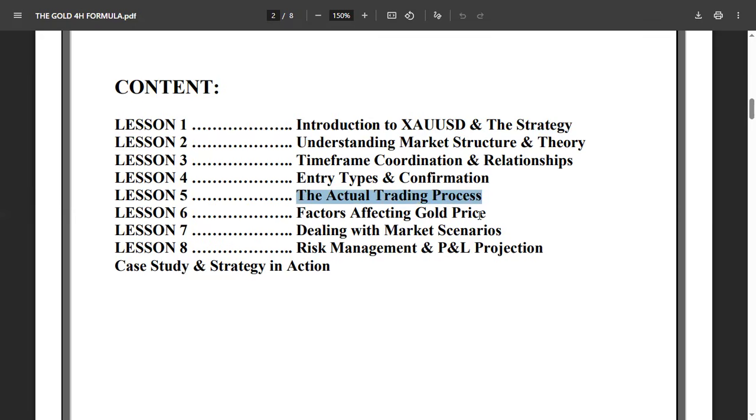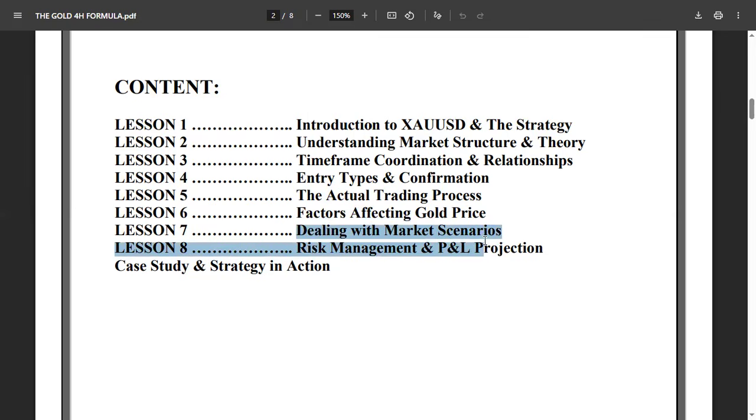After that, we're going to cover some factors that affects gold market. You need to understand them. Sometimes you may do analysis very well, and still the trades will kill you, will hit the stop loss, because you don't understand these factors that affects the price. So we are going to cover them so that you may not get into those risks.